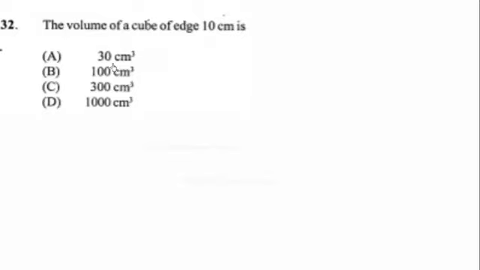The volume of a cube of edge 10 centimeters is... So we know a cube has the formula for finding its volume as volume equal L cubed, where L is the edge length.